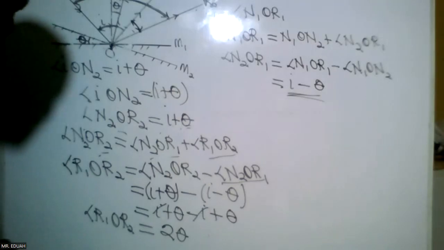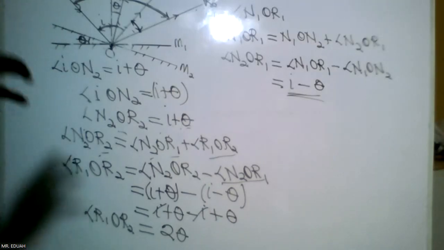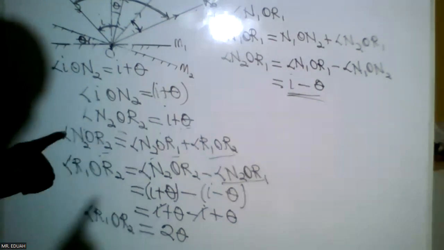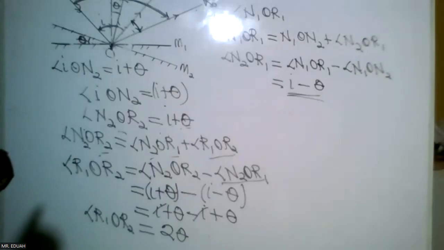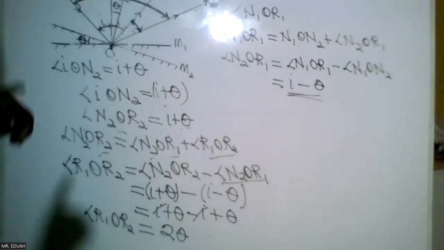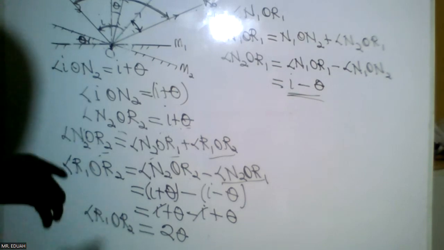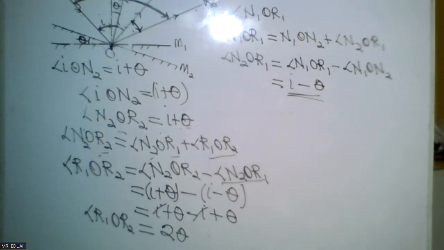What this simply means is that if you have a mirror and you rotate it by an angle theta, the angle between the initial reflected ray and the final reflected ray after the rotation is simply equal to 2 times the angle of rotation.